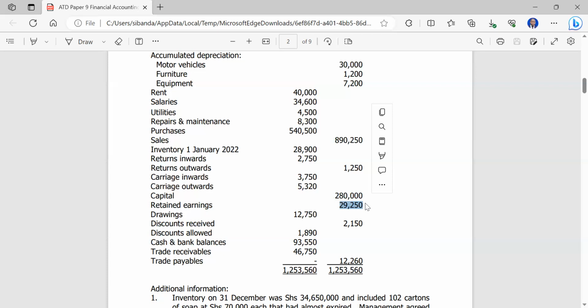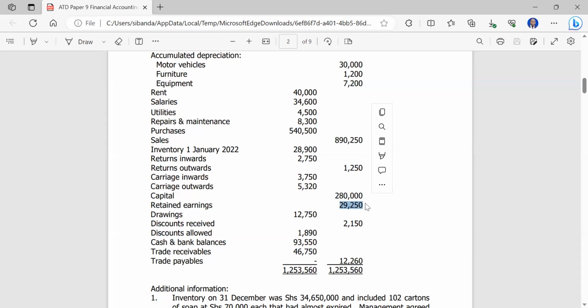They operate in opposite directions, just like the way you see return inwards with sales. They return sales, so sales are on credit and this is on the debit.